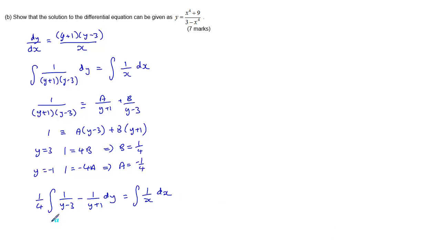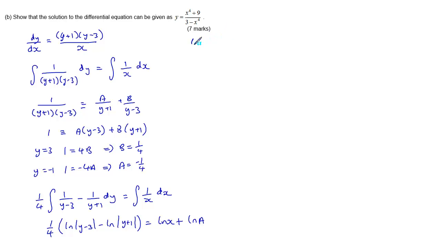So this one here is a quarter of ln|y minus 3| take away ln|y plus 1| is equal to ln x plus a constant, which I'll write as ln a.